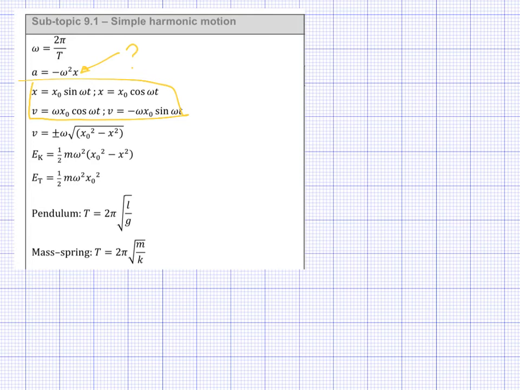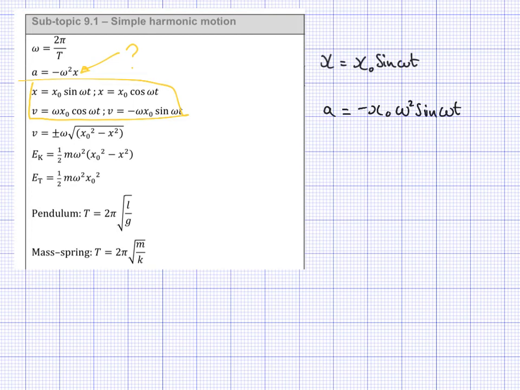We're going to compare the x value, which we derived, which is going to be x naught sine omega t. We should be okay with that. And we're then going to also look at this acceleration, which we also just arrived at, which is negative x naught omega squared sine omega t.